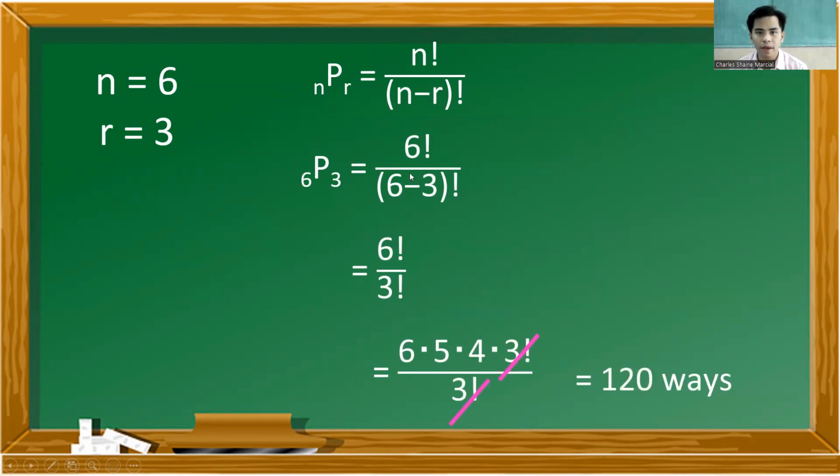So we have 6 minus 3, and that is equal to 3. And then you will divide or cancel out 3 factorial from the numerator and the denominator. Kaya natira na lang si 6 times 5 times 4. Okay? And then if you multiply that, that is equal to 120 ways.